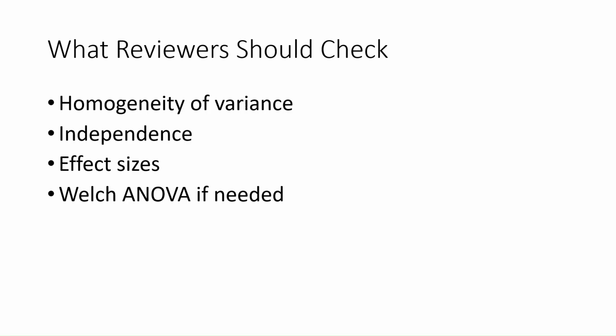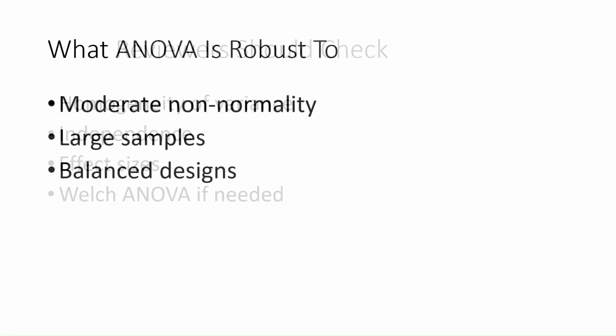Instead of obsessing over normality tests, reviewers should focus on homogeneity of variance, independence of observations, effect sizes, and the use of robust alternatives such as Welch ANOVA when necessary.